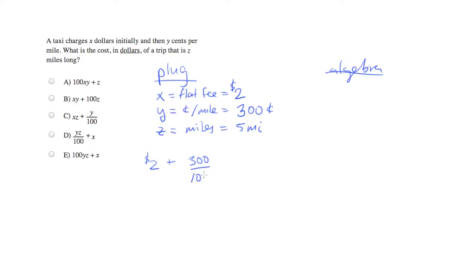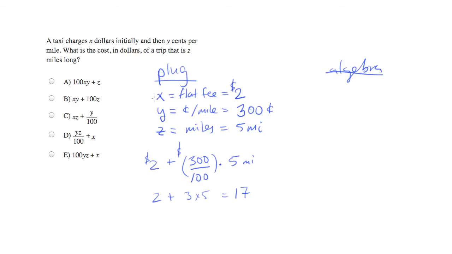I'm going to divide that by 100 to convert this into dollars, times the number of miles, which is 5. And what is this going to yield? We're going to yield a total trip cost of 2 plus 3 times 5 equals 17.